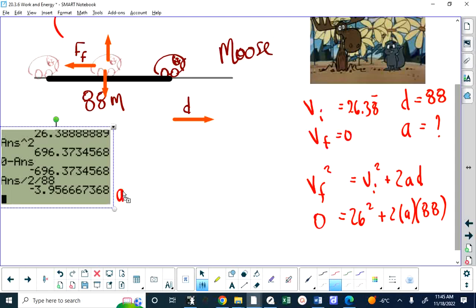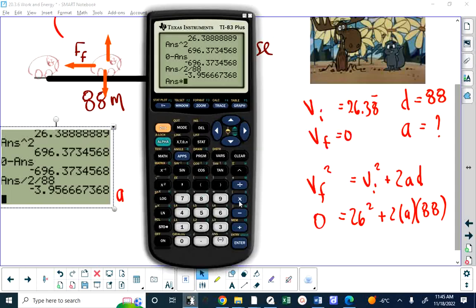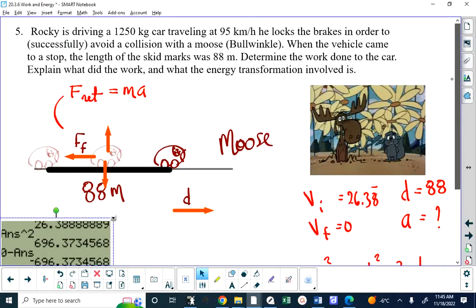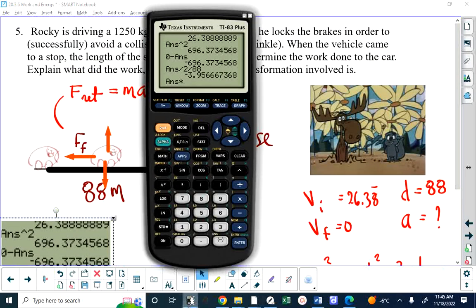Which means the net force is the mass times the acceleration, that's the net force.